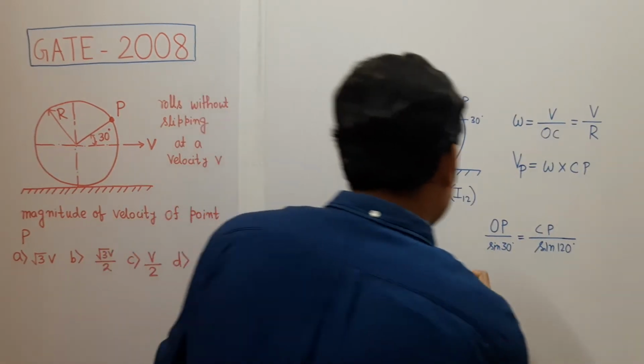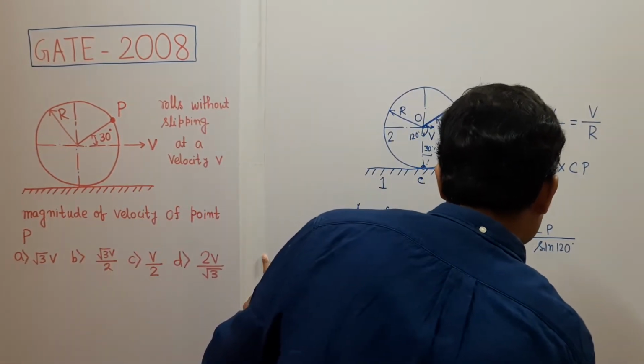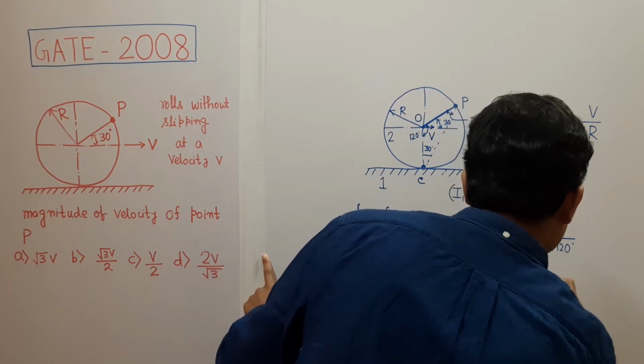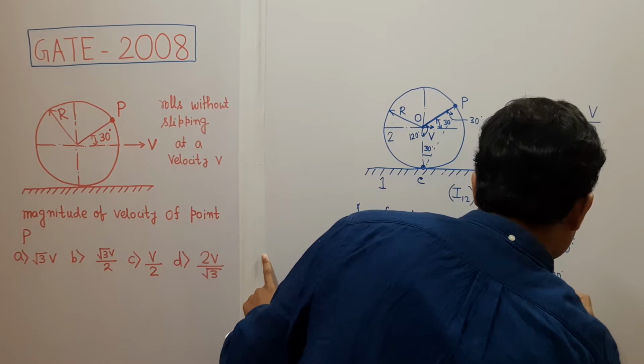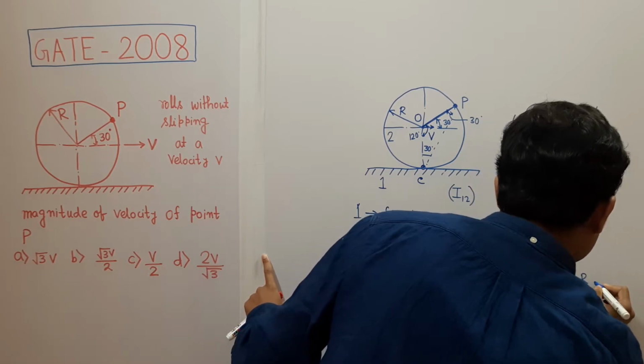Now OP is r, so CP becomes r sine 120 degrees divided by sine 30 degrees.